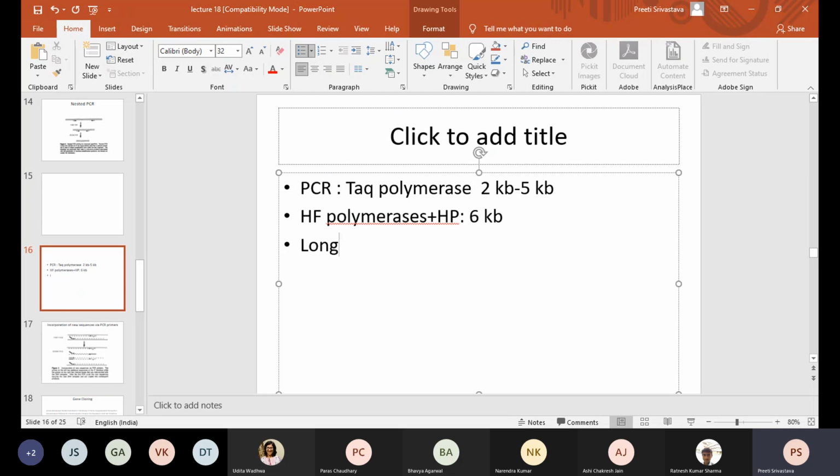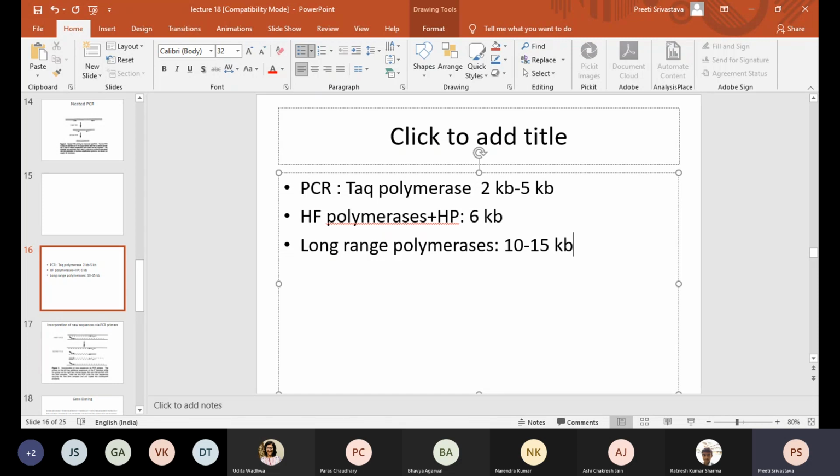But there are certain other polymerases which are called long range polymerases. Using these long range polymerases, you can go up to 10 to 15 kb. That's what they claim, but I haven't seen anybody going beyond 10 kb usually.